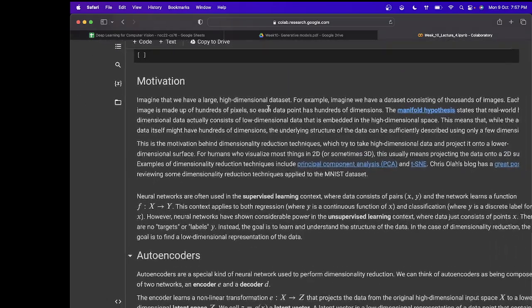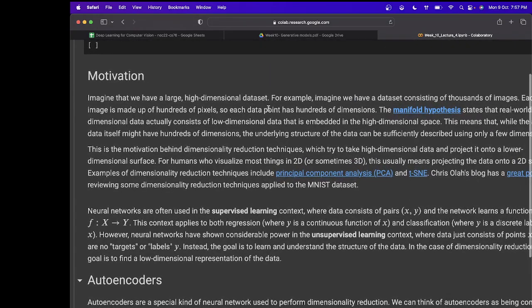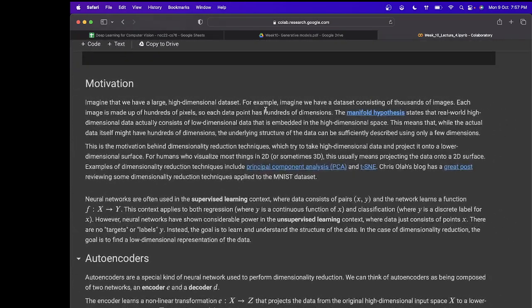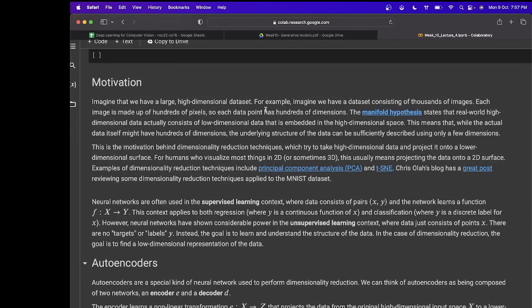It's better to go through it, because GANs are still okay to understand thanks to the min-max game that goes on between the adversaries. But autoencoders and variational autoencoders can be a bit confusing. Hence, I'm sharing this notebook with you. Please go through it and try to understand this fully.